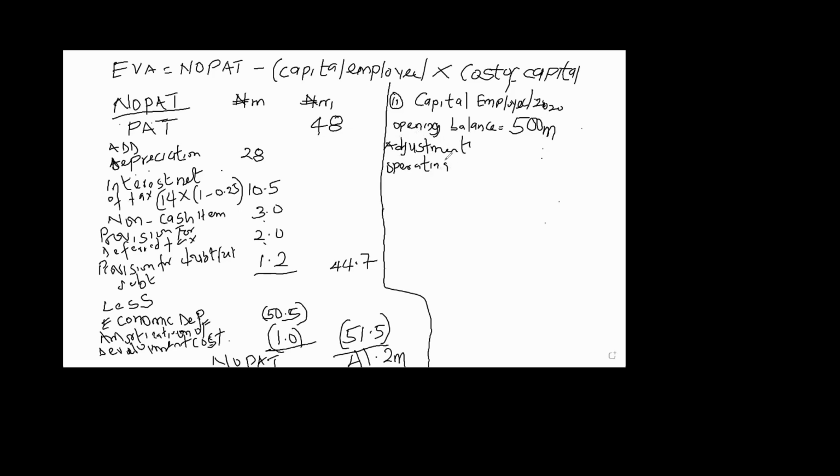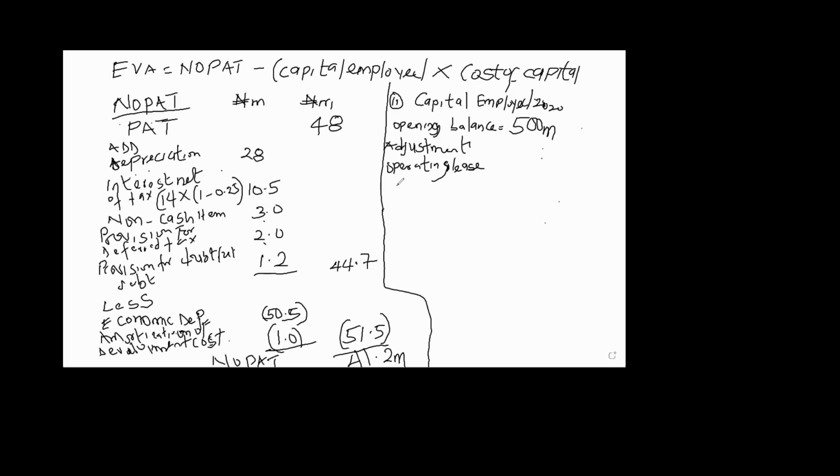I saw the question, sir. Please go ahead. For the capital employed, the one you just did now. I was thinking the formula for capital employed was total asset minus current liability.